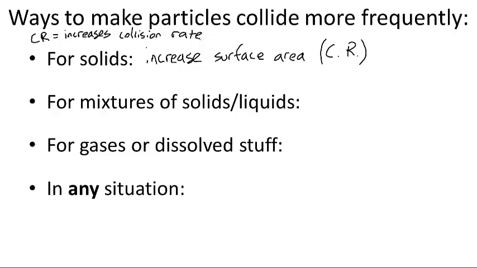If we have a mixture of a solid and a liquid, what's one thing we did? I know there was a group in here who did it. Stirring or shaking, agitating, causing the surface area to be more exposed to the liquid. You're going to make them collide more frequently.